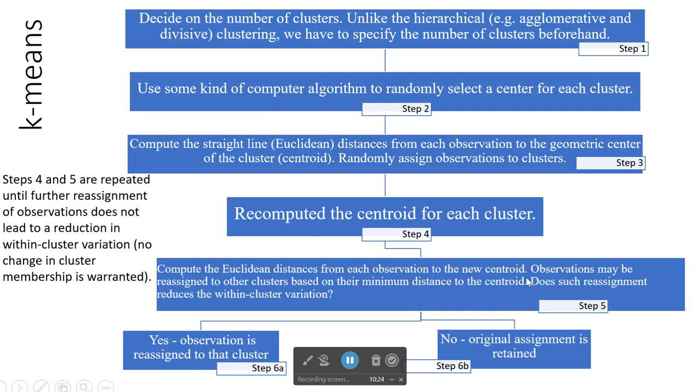So, if the reassignment does not reduce the within cluster variation, observations remain in their original cluster. But if the reassignment results in a reduction in the within cluster variation, observations are assigned to a new cluster. So, the steps involved in k-means clustering are different from the steps involved in hierarchical agglomerative clustering.